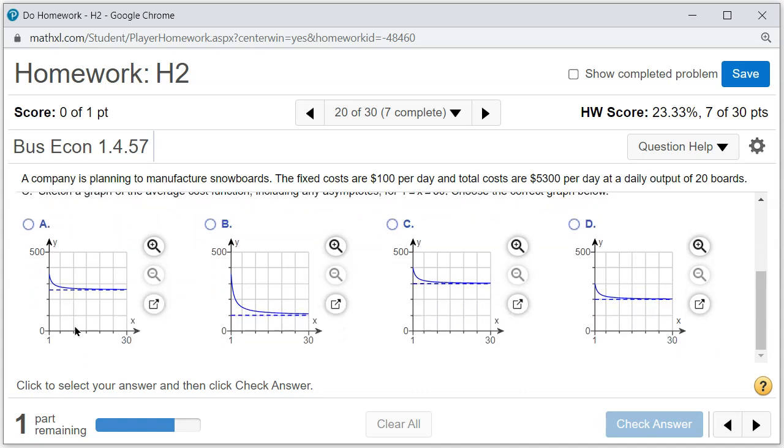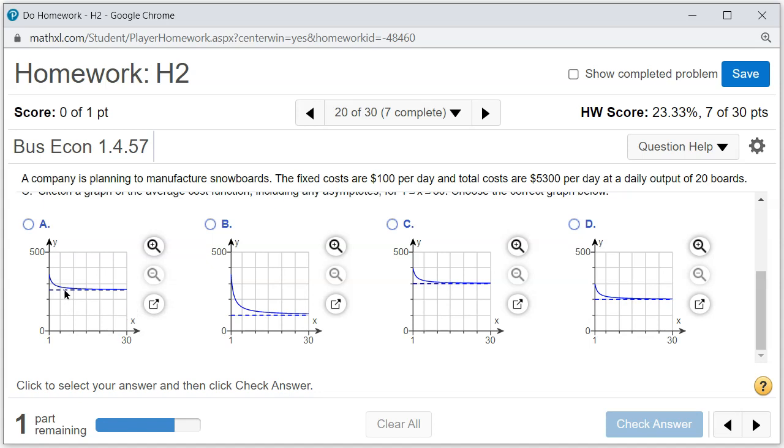This is probably the right place here, so A looks pretty promising. B is definitely too low because it's not at 260 there, and this one is at 200. So we can eliminate B and D, and it's going to be between A and C.